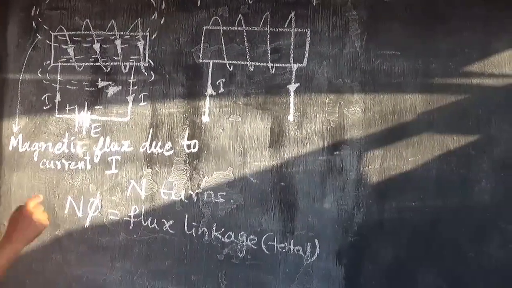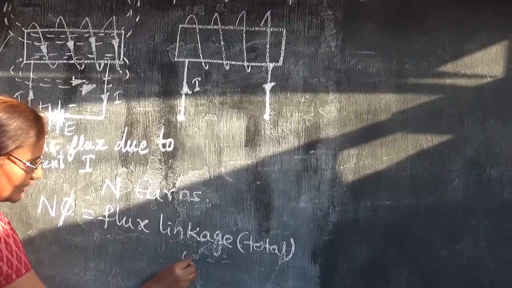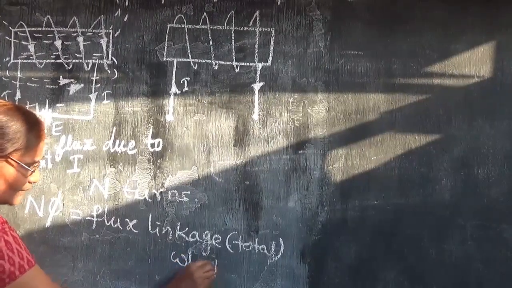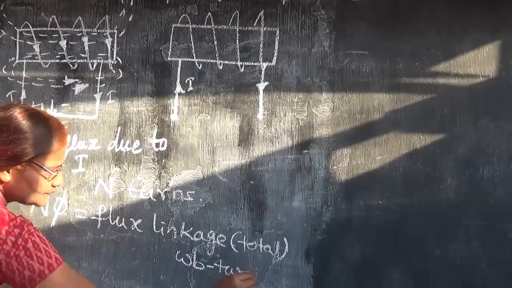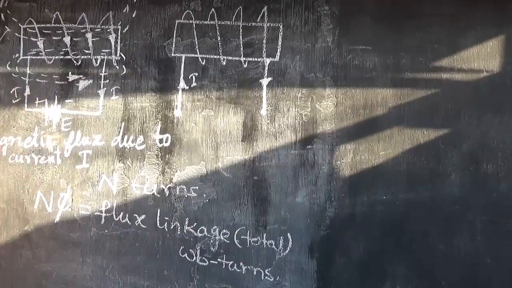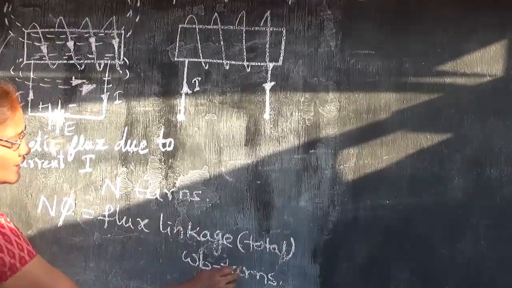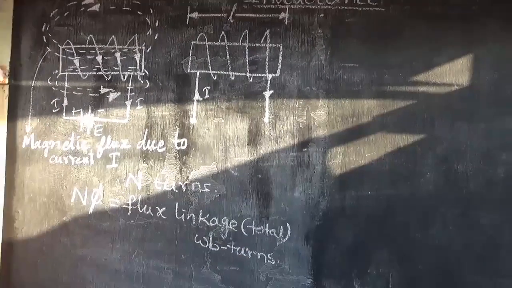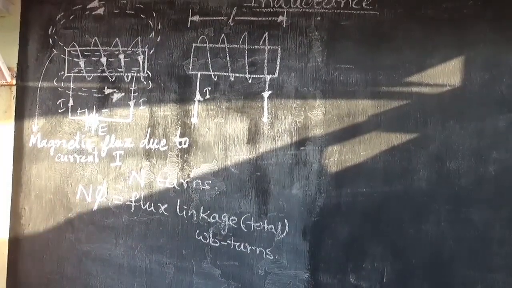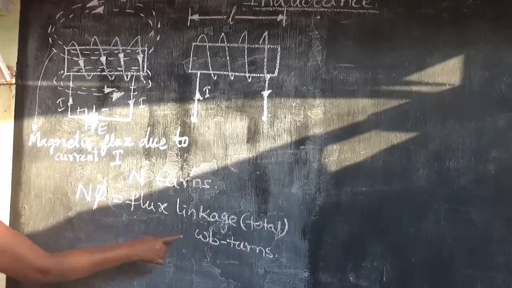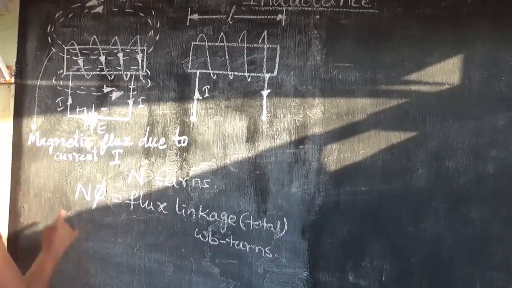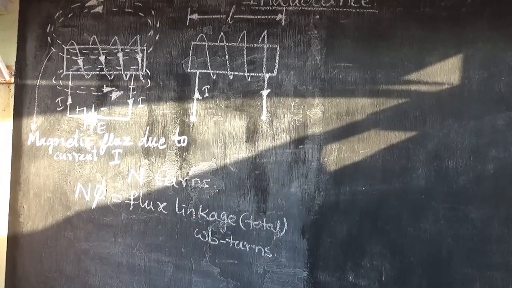Its unit is Weber turns. Phi is in Weber, N is for turns. So Weber turns is its unit.